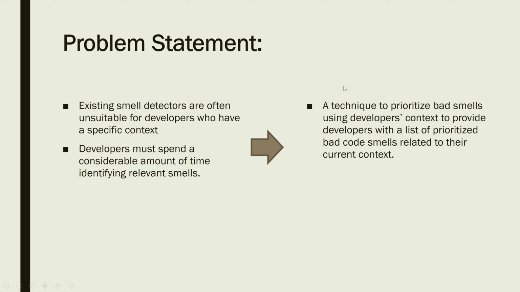So the authors of this paper propose a technique to prioritize bad smells using developer context, to provide developers with a list of prioritized bad code smells related to their current context for the prefactoring phase.